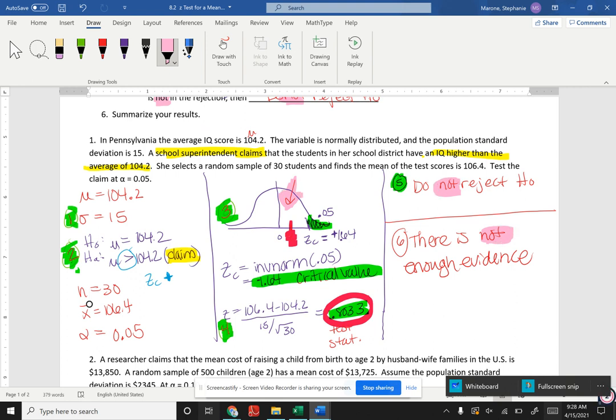There is not enough evidence to blank the claim. Because that alternate hypothesis is the claim, the word there is going to be support.